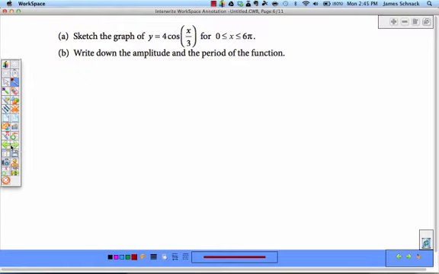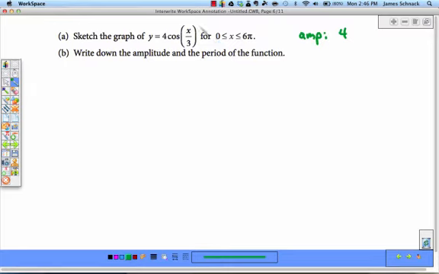So we want to sketch this graph of y equals 4 cosine x over 3. So let's discuss this in terms of our transformations and then our trigonometric terms. What does the 4 do? It's a vertical stretch, scale factor 4. That's going to affect the amplitude. Amplitude is 4.